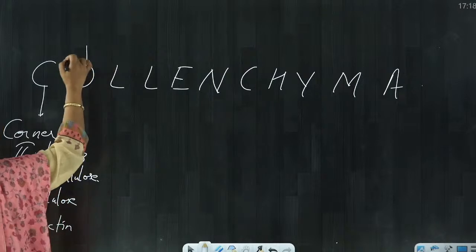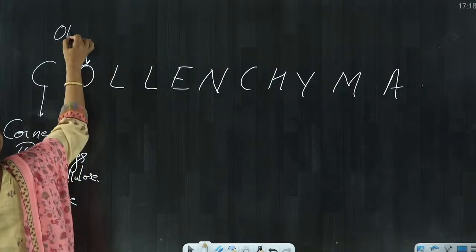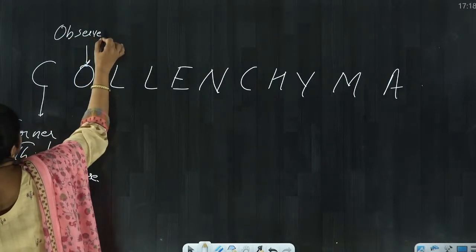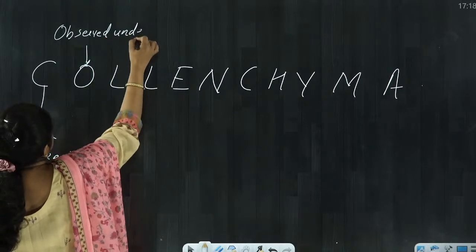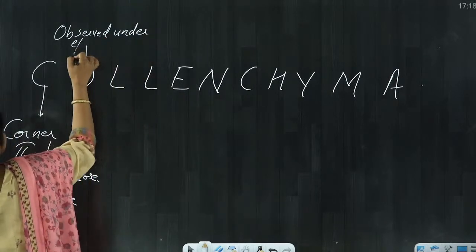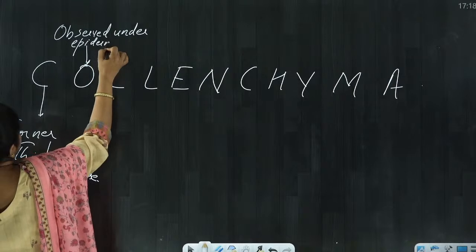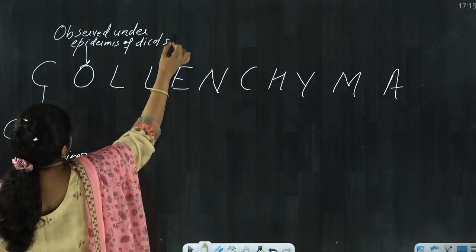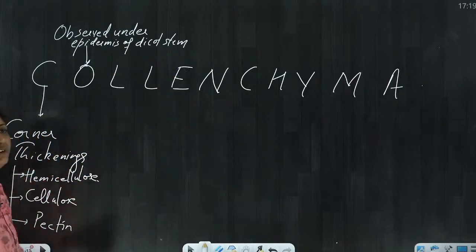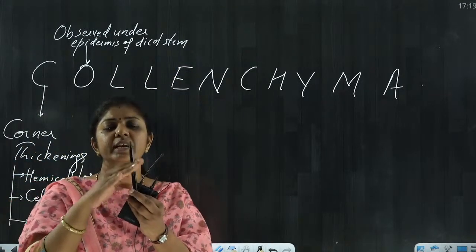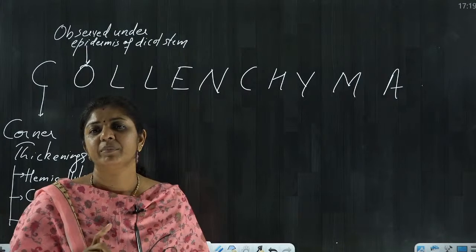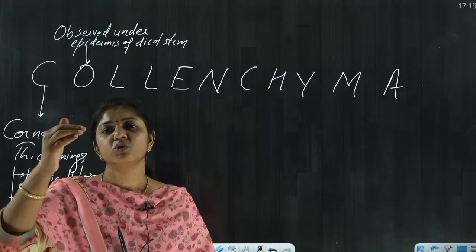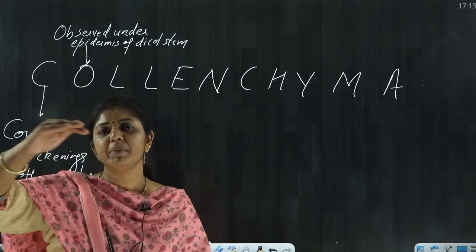And O stands for, where do you observe it? It is observed under epidermis of dicot stem. It is usually observed. When you cut the transverse section of a dicot stem, you will find this Collenchyma just below its upper layer.